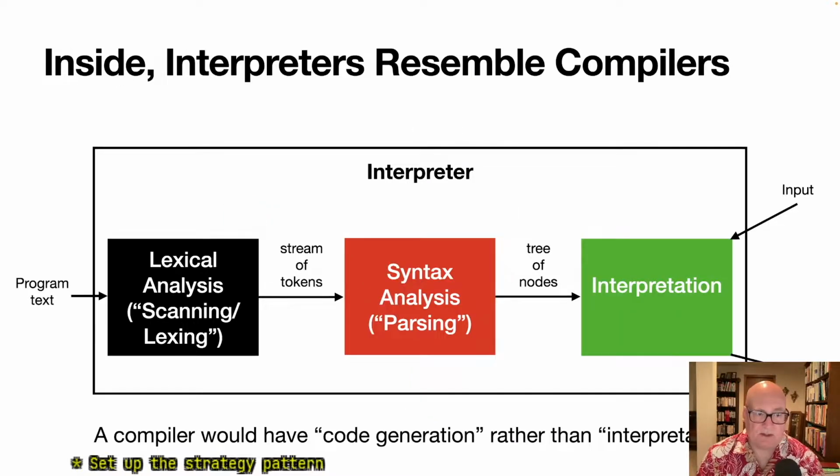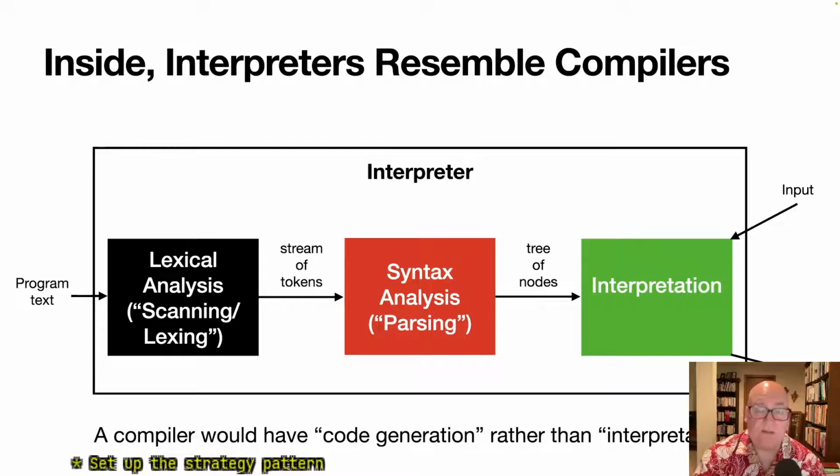They're very similar structurally to compilers. So opening up the box, the interpreter is going to have program text going in. It's going to send it through lexical analysis, or scanning, or lexing, that produces a stream of tokens. And then it goes through syntax analysis, parsing, that produces a tree of nodes.